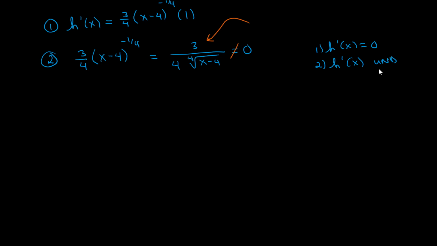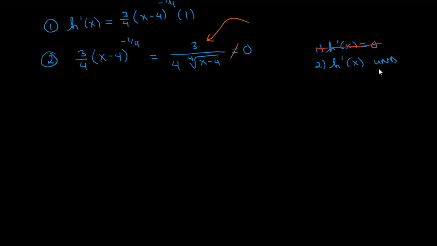Well, this first situation doesn't happen with this problem. However, this derivative is undefined when x equals 4. If you plug 4 in there, you get a 0 in the denominator, and a 0 in the denominator is always a problem.